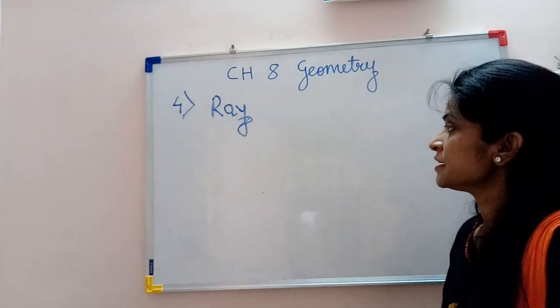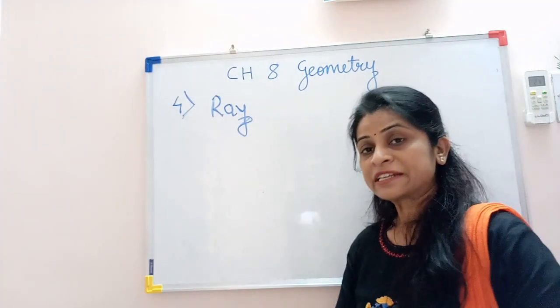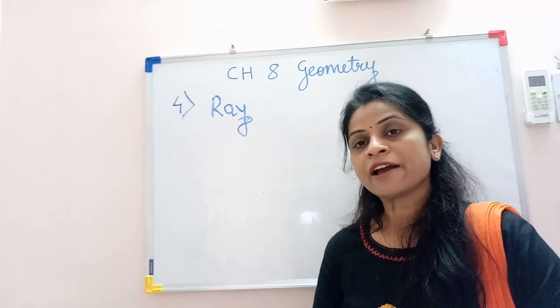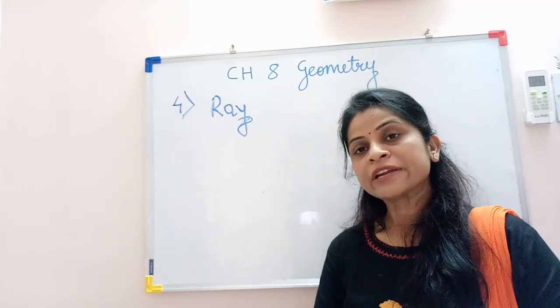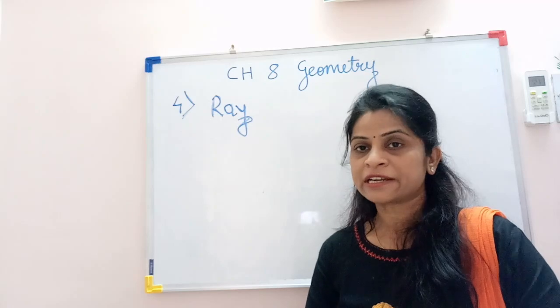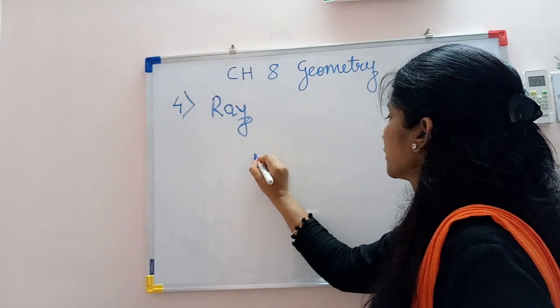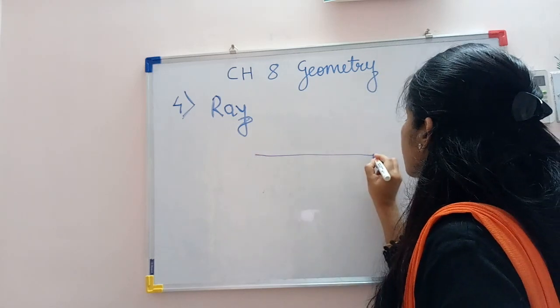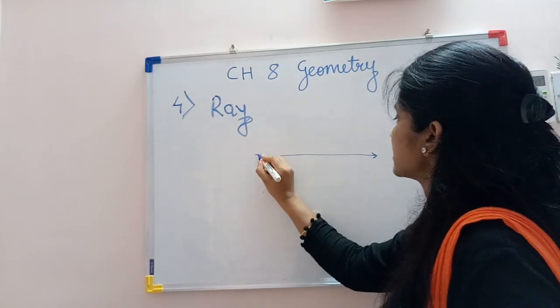Now let's see the next geometrical concept, that is ray. Ray is a part of line. It has one endpoint and on one side it goes endlessly. Now see, here it has one point and on one side it goes endlessly.